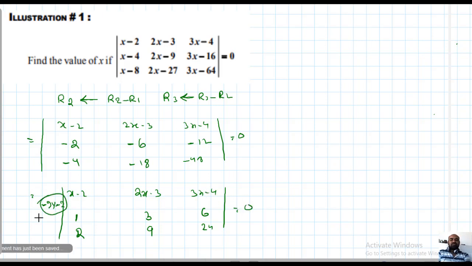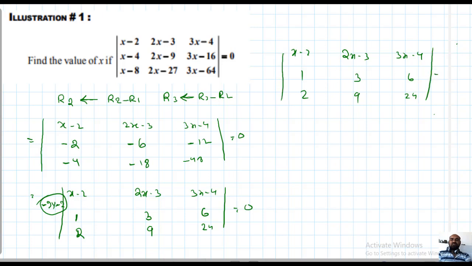Obviously this product is 4, so some k into det A equal to 0 means det A equal to 0 only. That's why I can directly write this determinant equal to 0. Again I rewrite: x minus 2, 2x minus 3, 3x minus 4; 1, 3, 6; 2, 9, 24 equal to 0.